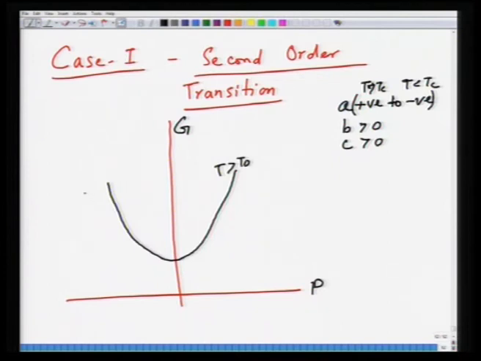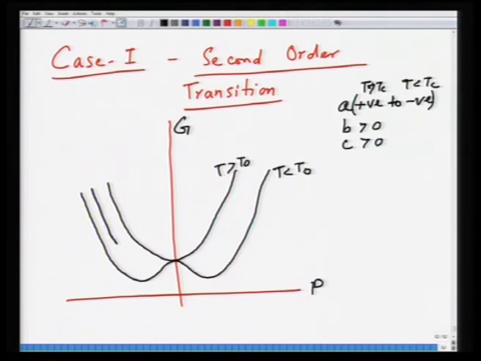And you will have T less than T0, and T is equal to T0 will also be somewhere, this will be T is equal to T naught with a much flatter bottom.